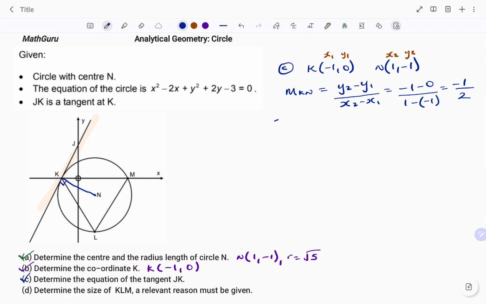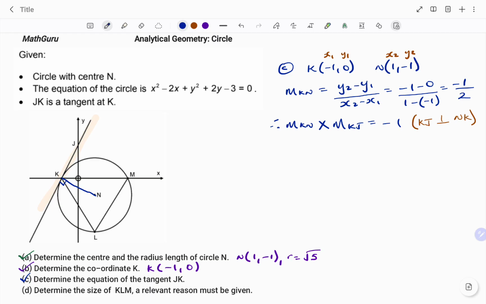Therefore, the gradient of KN multiplying the gradient of JK or KJ is equal to -1, and the reason being perpendicular lines, or the line KJ is perpendicular to the line NK.